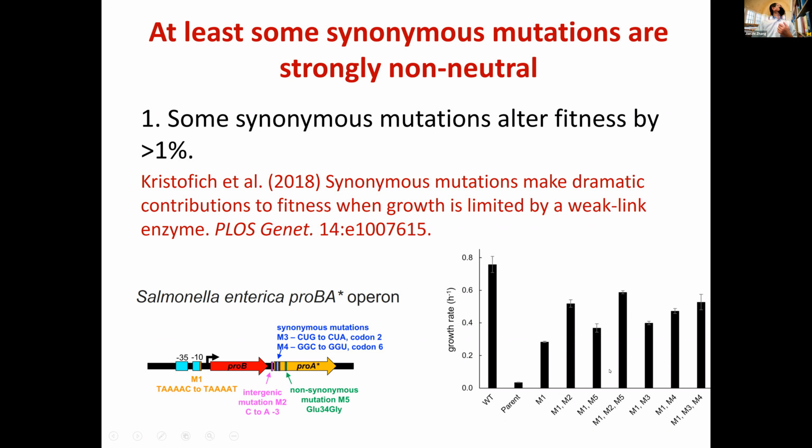In this figure, which shows the growth rate of the bacteria, M1 is here, and the growth rate is about 0.3. If you look at M1 plus M3, where you add mutation M3 on the background of M1, the growth rate increased a lot, more than 10%. And M1 plus M4 also increases much relative to M1. So there's anecdotal evidence that synonymous mutations can have quite drastic fitness effects.